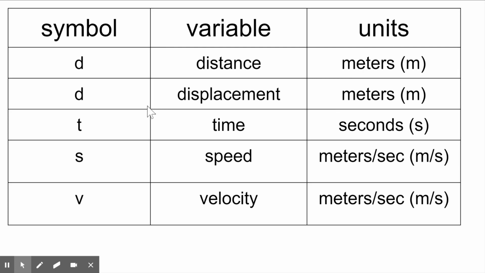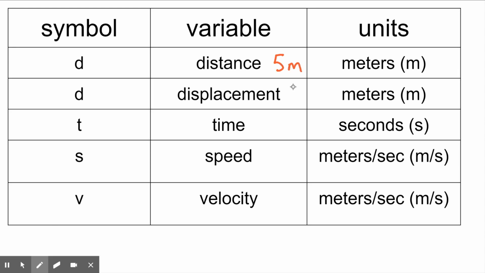But remember the scalar vector information you've been given? Scalar is a quantity that only has a magnitude. It just tells you a number. A vector quantity tells you how big something is, that's the magnitude, and it tells you a direction. So, for example, a distance would be, say, 5 meters.